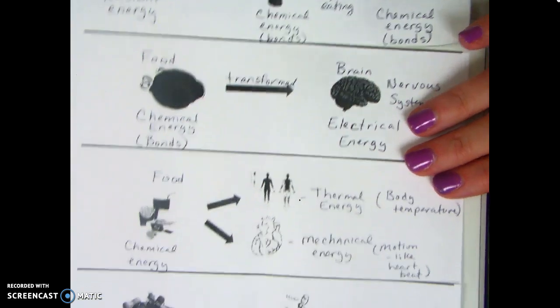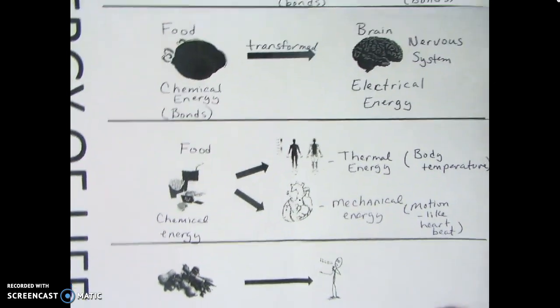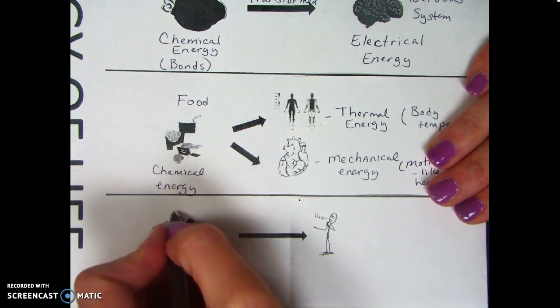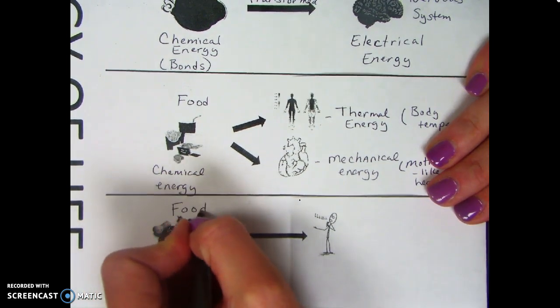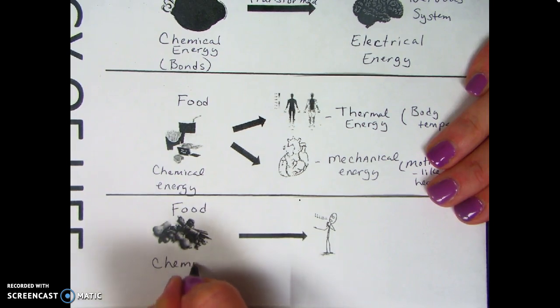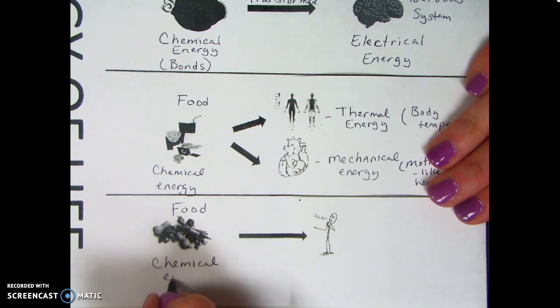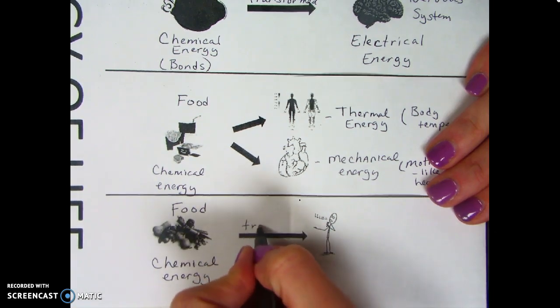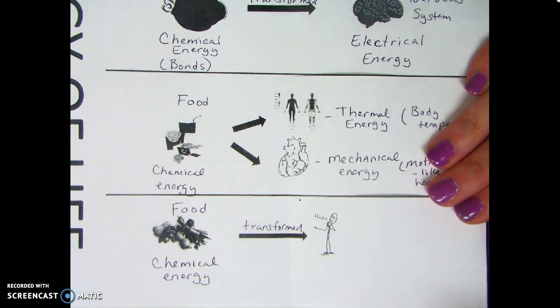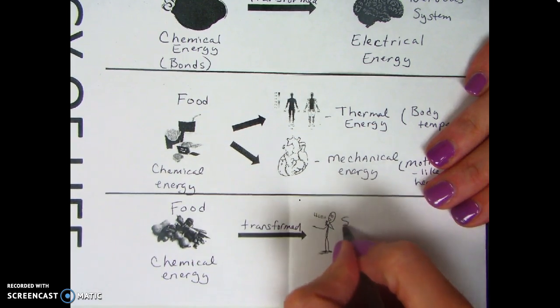Okay. And then this last one down here, again, the repeating theme is we get all of our energy from our food. We have food, and food is what kind of energy? Chemical energy. And I'm going to write transformed again. Transformed. And in this case, we have this little person singing. So it's going to be into, I'm going to put singing.